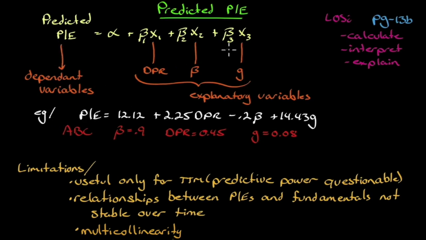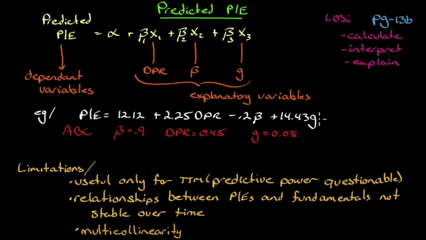So let's say we run a regression analysis using some cross-sectional data, and we have this regression equation where the PE is 12.12 plus 2.25 times the dividend payout ratio, minus 0.2 times the beta, plus 14.43 times the growth rate.